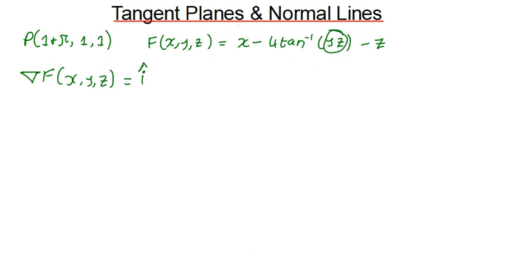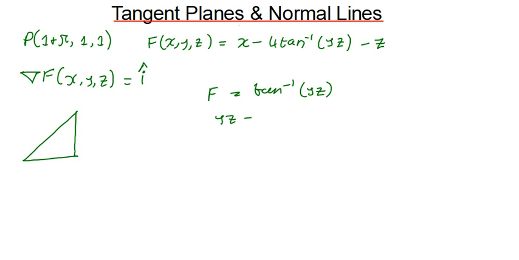So there's a triangle method. Let's just say this is our function f, which equals tan inverse of yz. Meaning our yz can also be written as tan f.